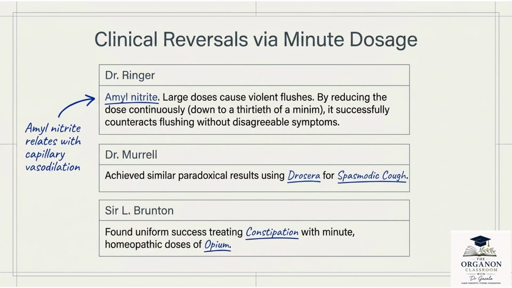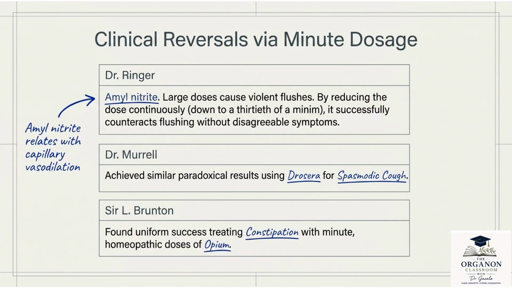In other words, the medicine that causes flushing in large doses appeared to counteract flushing when administered in minute doses, and it did so without the unpleasant effects seen with larger doses. So this is an example of what Hughes calls a clinical reversal. Okay, the therapeutic action appears opposite to what we expect from the crude physiological action.